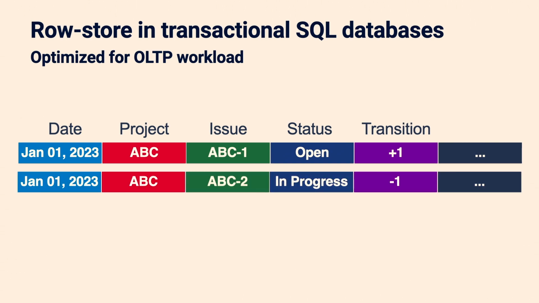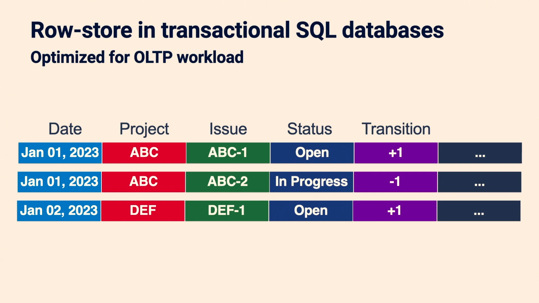Each row is stored together, which is good for individual transactions, but for reporting, you typically need just a couple of columns, and you want to aggregate them grouped by other columns.